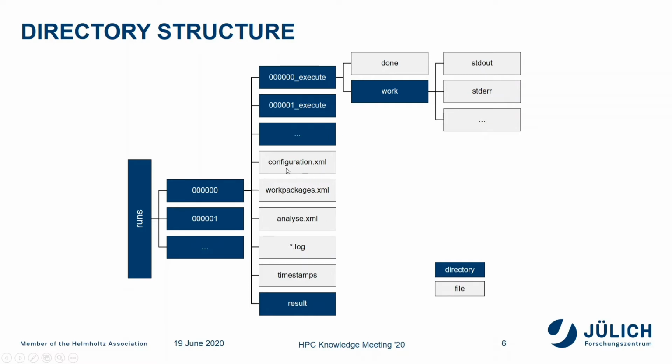So you will find, for example, the configuration.xml, which was your original input dataset, and it allows you to rerun a certain benchmark later on. You will find some log files, and within each step, you will find a work directory which stores your standard out, your standard error, and all your necessary files of the run. So this is the most basic structure, and of course you can dive into the structure to search for certain outputs.